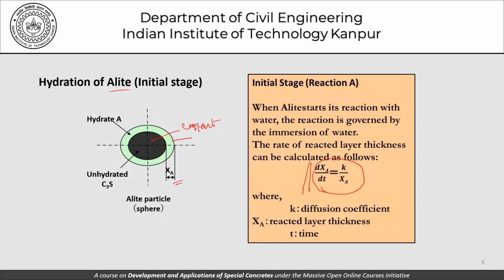If it was a cement particle, as it hydrates, these hydration products are formed, and the rate of development of this hydrated product layer is inversely proportional to the thickness of that layer at that time. So the rate of hydration of cement can be taken to be inversely proportional to the amount of hydration that has taken place till that point in time, which means that water is present outside here and hydration is taking place at the surface here, which means that as more and more hydration happens, water has to negotiate through the hydration products to reach the surface of cement where fresh hydration will take place and fresh hydration products will be formed.